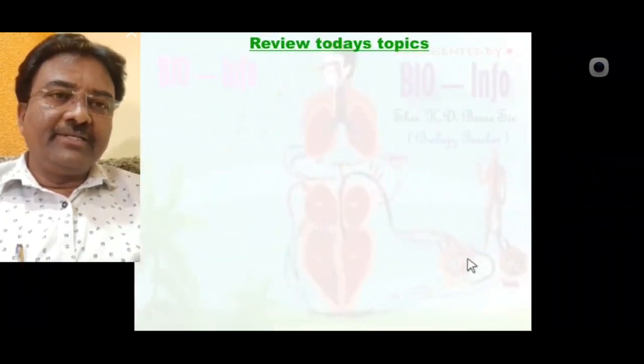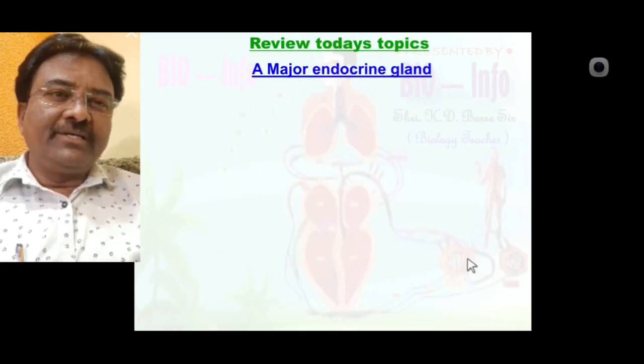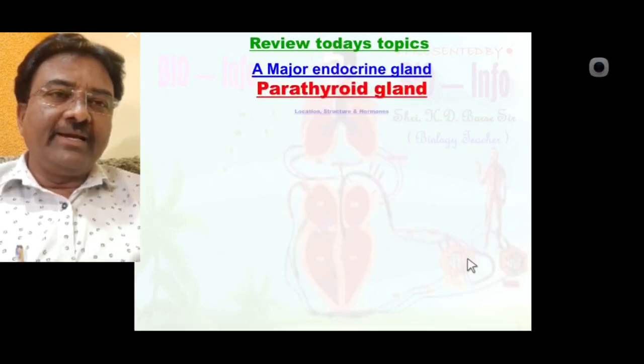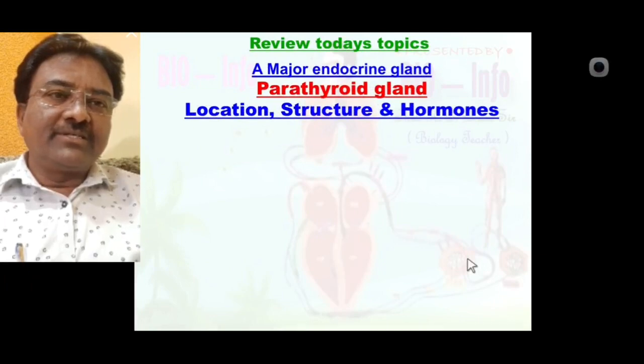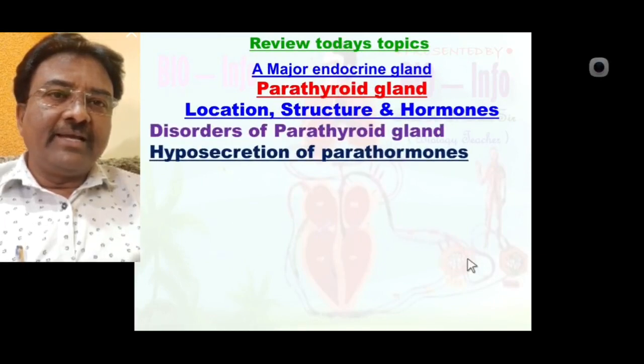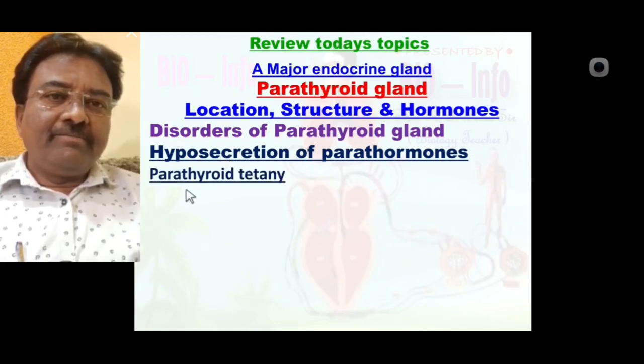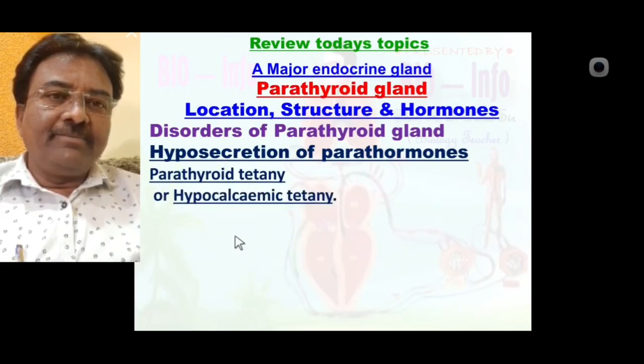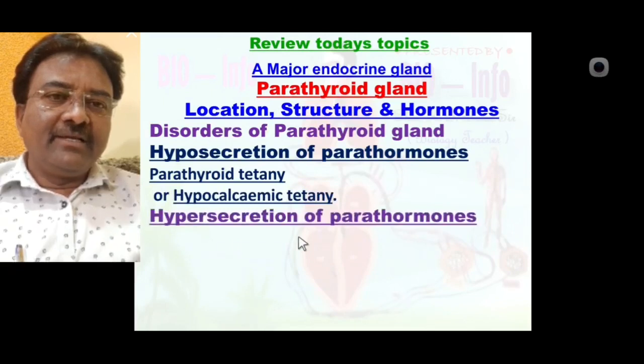Review of today's topic. In today's lecture we learned a major endocrine gland, the parathyroid gland: its location, structure, and hormones. We discussed in detail disorders of the parathyroid gland: due to hyposecretion of parathormone, parathyroid tetany, also called hypocalcemic tetany, and due to hypersecretion of parathormone, osteoporosis.